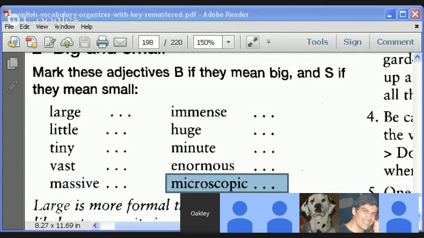Tweak. Yeah, tweak. Well, all right. That's related. That is an interesting word.